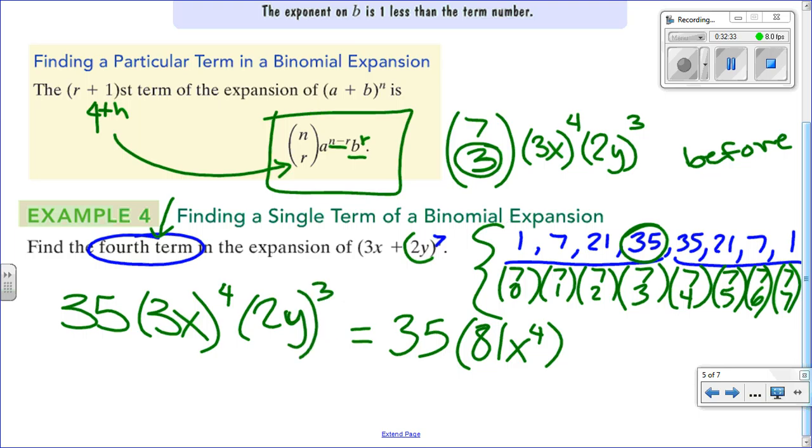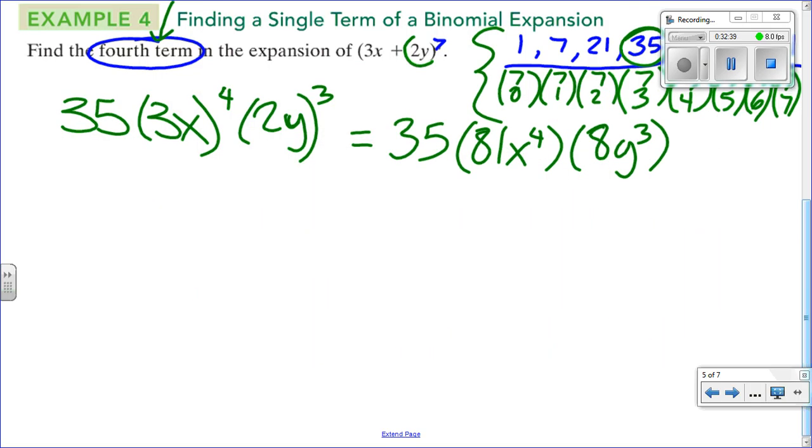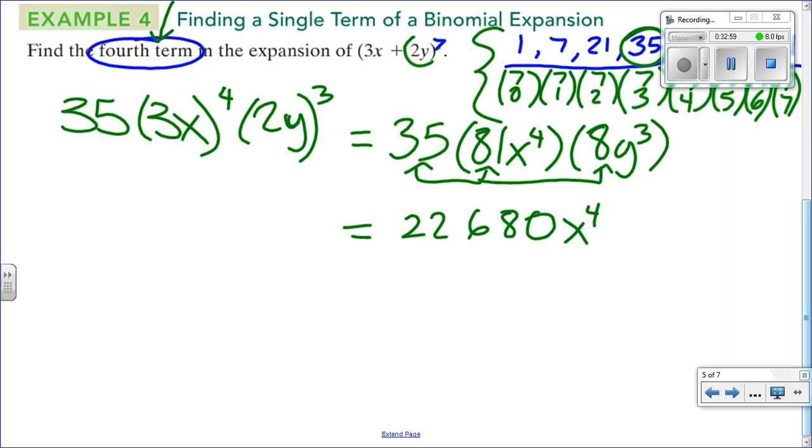So that will be times 8y cubed. And then we're going to need someone with a calculator to do this quickly for us. 35 times 81 times 8. Okay, tell me digit by digit. 8, 0. Okay, so that will be our big coefficient, x to the power 4, y to the power 3.